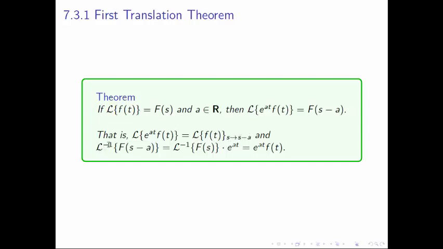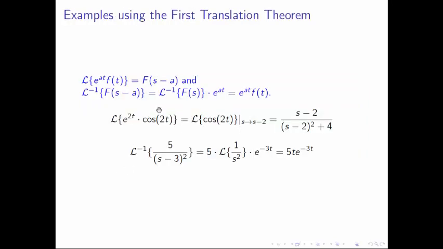The inverse Laplace transform, because this is a one-to-one transform, then the inverse, if you can write a function completely in terms of s minus a, and you recognize it is the Laplace transform of a function, then you can simply take the inverse of that expression in terms of s and multiply by e to the at, so that you get the product. So the first translation theorem, a couple more examples.